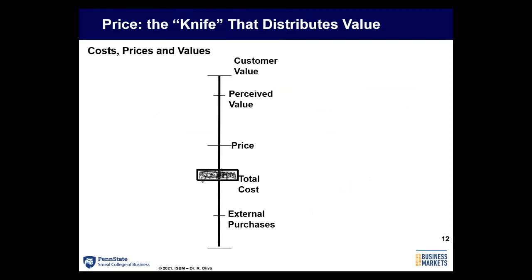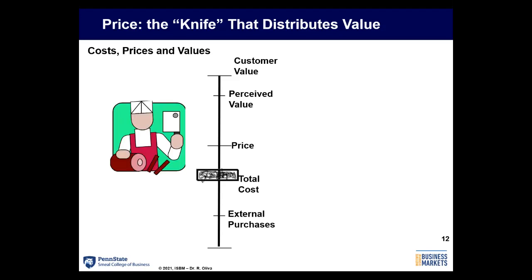Now, Dr. Irv Gross, one of the founding directors of ISBM, used the analogy that price is the knife that slices the value pie into two pieces, a piece for the customer up there at the top and a piece for us down at the bottom. And one of the people in the class he was working with said, well, that doesn't look like a pie, it looks more like a salami. So Irv coined the term, and this term has stuck, that this is the value salami. Price is the knife that slices this salami into a piece for the customer, a piece for us.